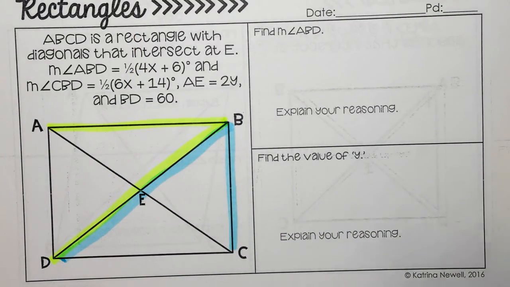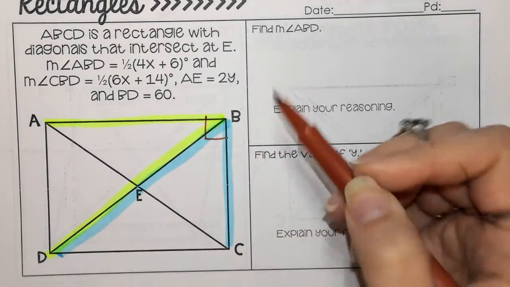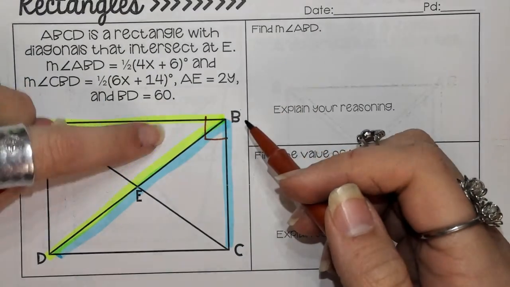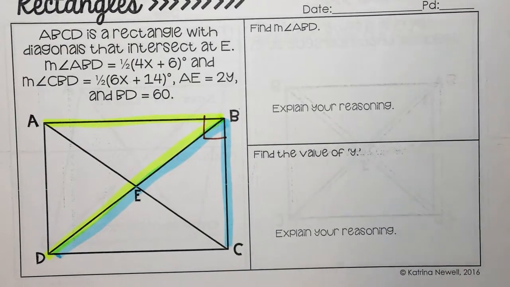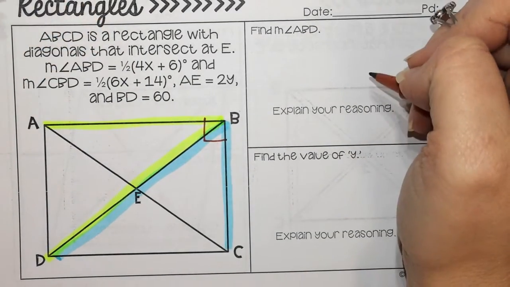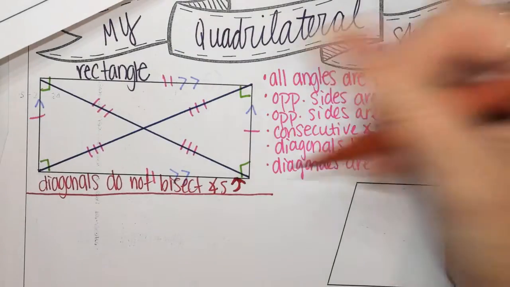Now, what do we know about all angles of a rectangle? They are 90-degree angles. So what would that mean we would do with this yellow part and this blue part? Good. Take a point. Add them together, set it equal to 90. What does that mean about cut it in half? We just said that it doesn't bisect. We literally just wrote that down.